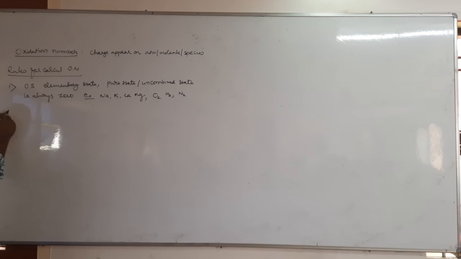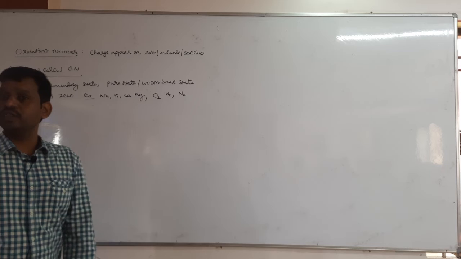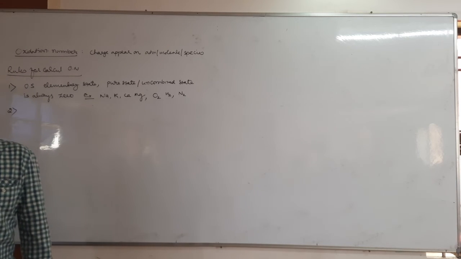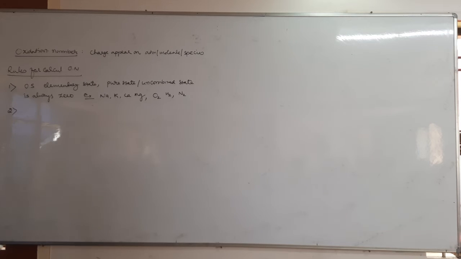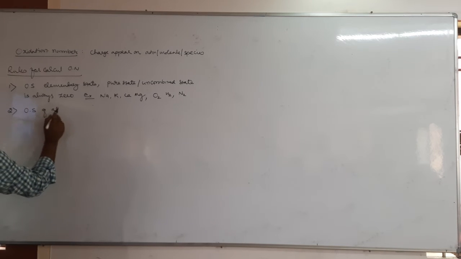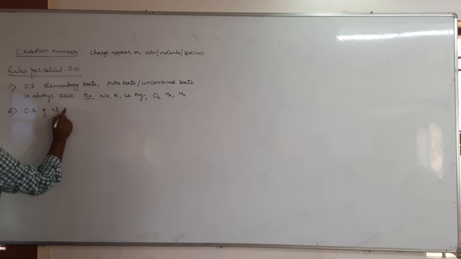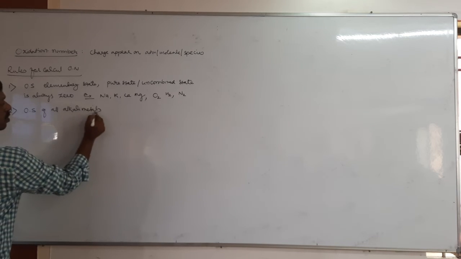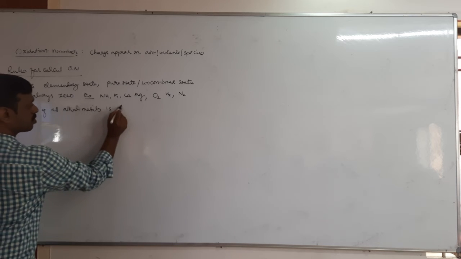Next, the second rule. The oxidation number of all alkali metals is always +1. Alkaline earth metals are +2. So the second rule: the oxidation state of all alkali metals is always +1.